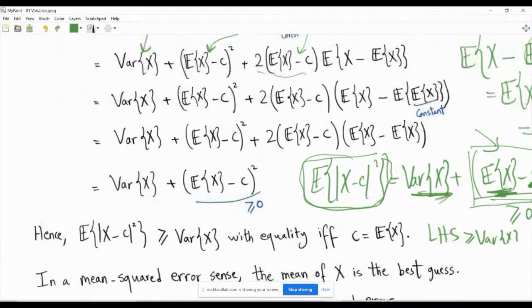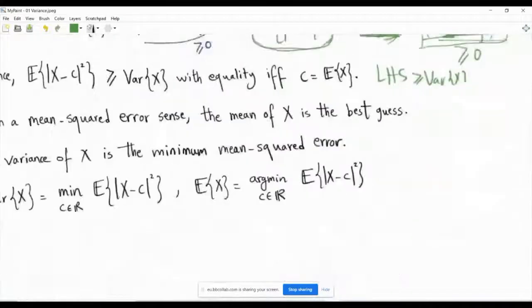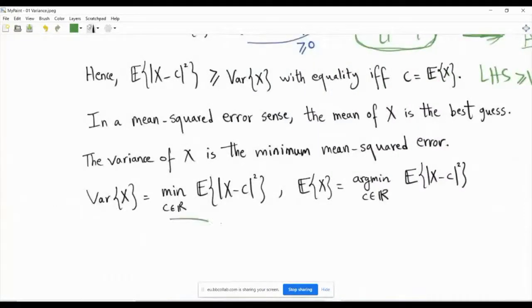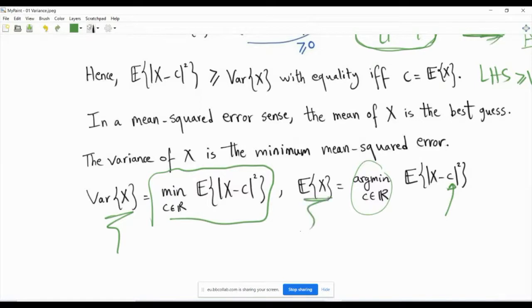So that's the solution to our optimization problem: the minimum of this quantity is the variance, and the minimizer, the value of c that is your best guess, is the first moment. You choose c equal to the expected value of x, and the minimum of this quantity will be the variance of x.